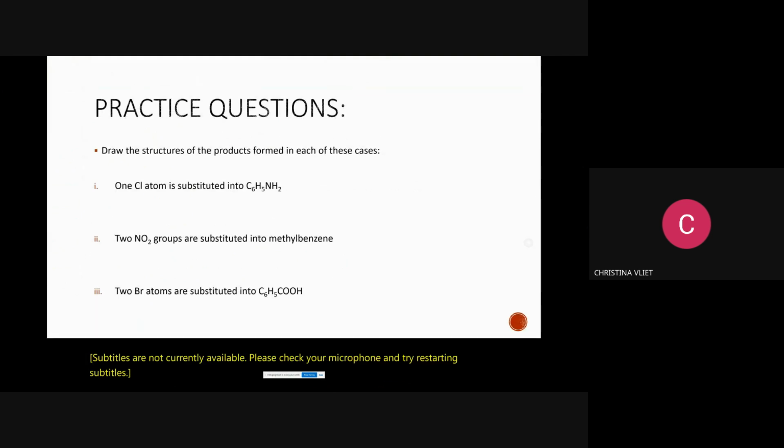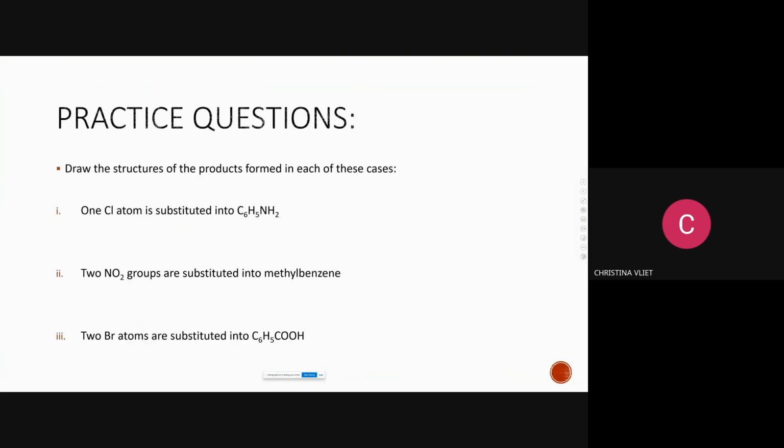Practice questions. Let's take a look at some practice questions. I think this is from the text on what we have just been going over. Draw the structures of the products formed in each of these cases. One Cl atom is substituted into C6H5NH2. When you see C6H5, what do you understand that as now? Benzene.